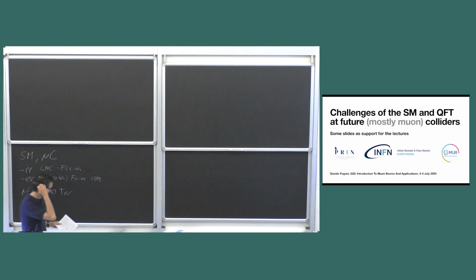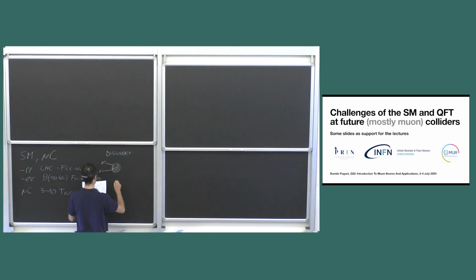So just to set the language, when we say discovery, what do we have in mind? We have in mind really a collider, for example mu plus, mu minus, then something is happening in the interaction, and I'm producing a new particle, or similarly a pair of 2 new particles.